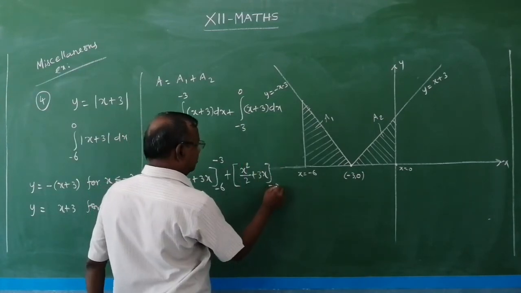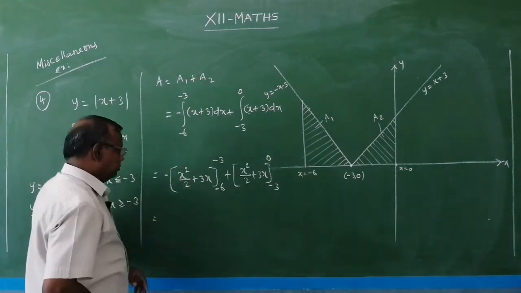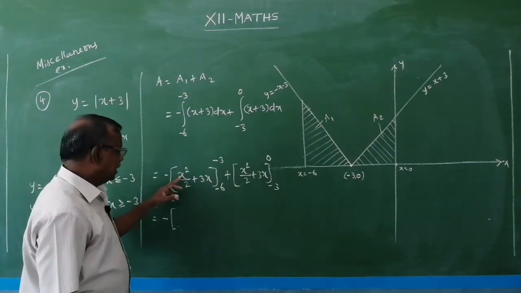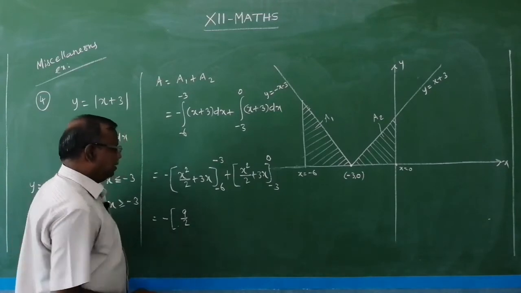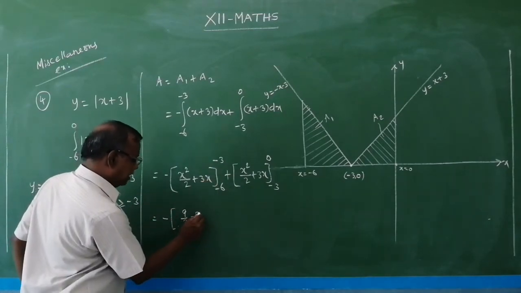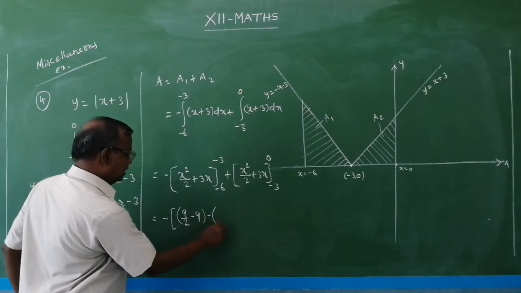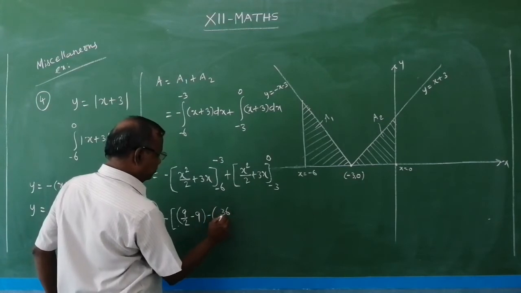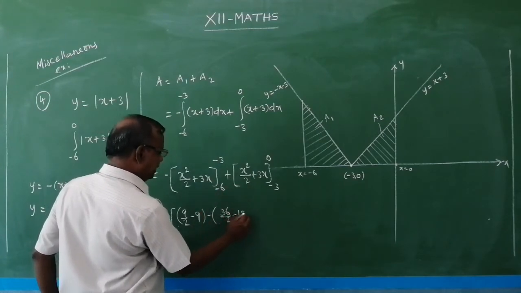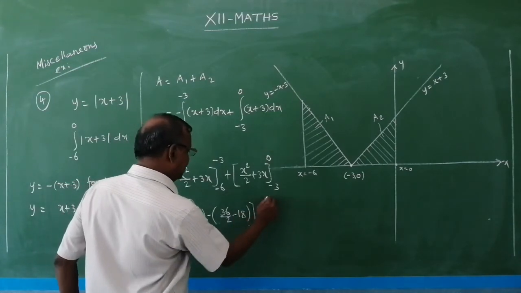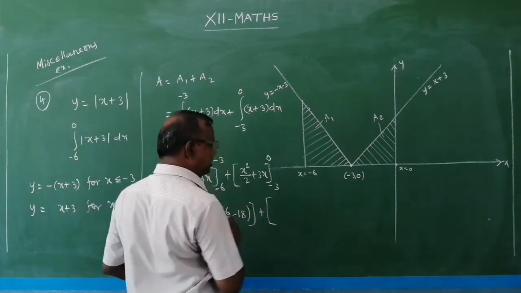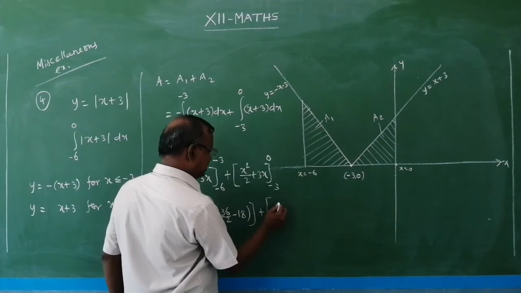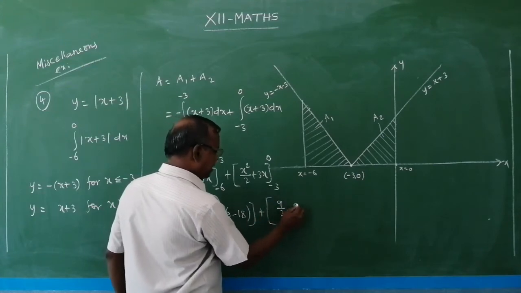Now substitute the values. Minus of, upper limit minus 3, the whole square, 9 by 2, and here it is minus 9. So this is upper limit minus lower limit. So it is 36 by 2 minus 18 for the first part. Plus the second, the upper limit is 0 and the lower limit is minus 3, so it is 9 by 2 and minus 9.